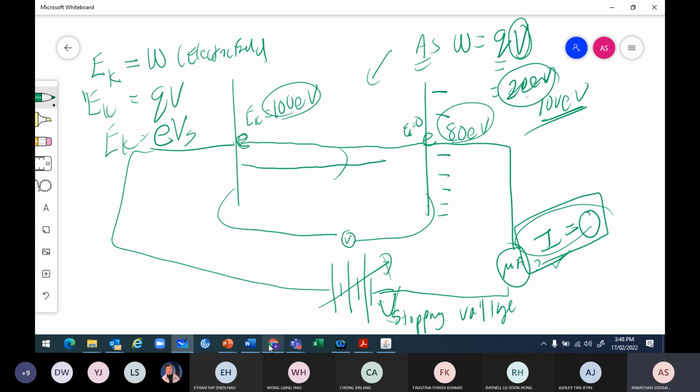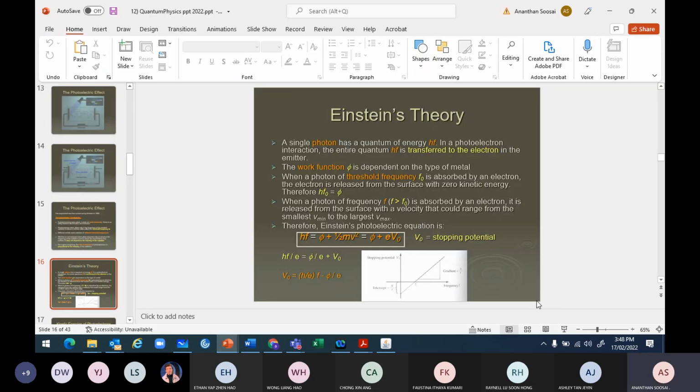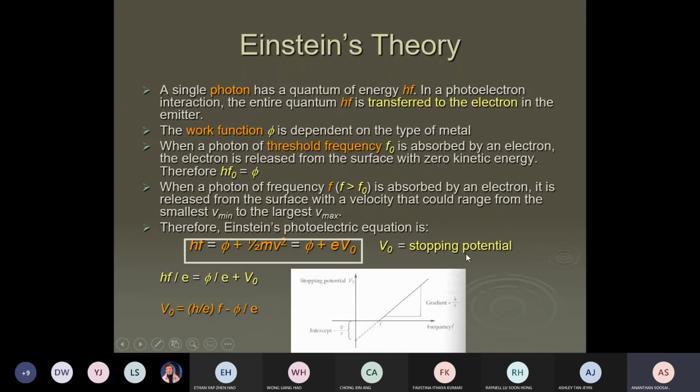Going back to the slide, in the formula hf equals work function plus kinetic energy, Millikan said the kinetic energy can be replaced with eV0 or eVS. V0 is called the stopping potential, the minimum potential required to get zero photocurrent.